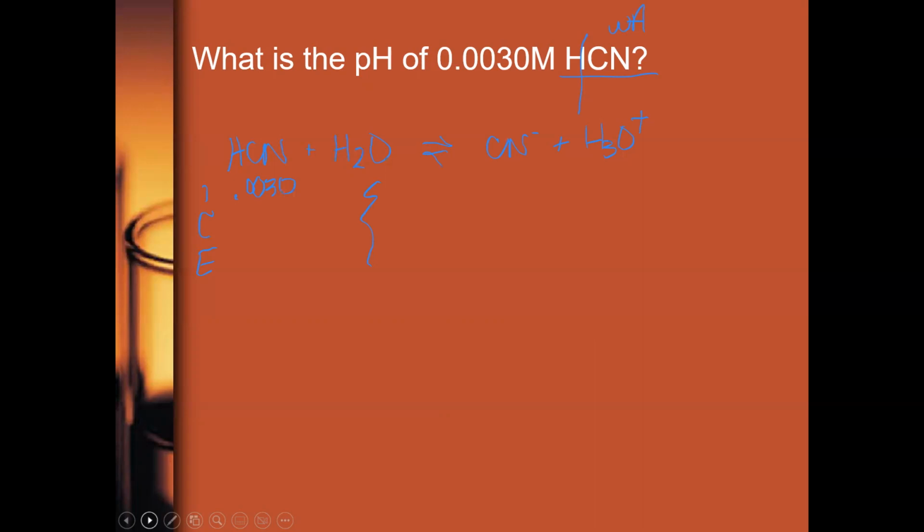It would have to give us the Ka value. So Ka for hydrocyanic acid is equal to 6.2 times 10 to the negative 10th.